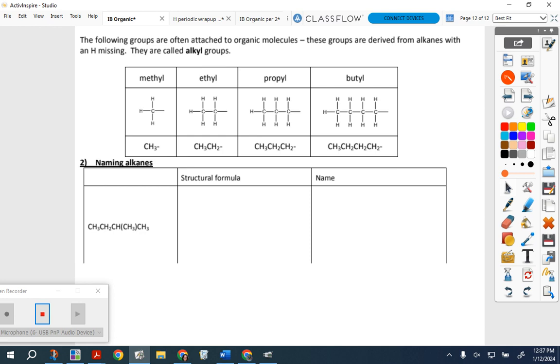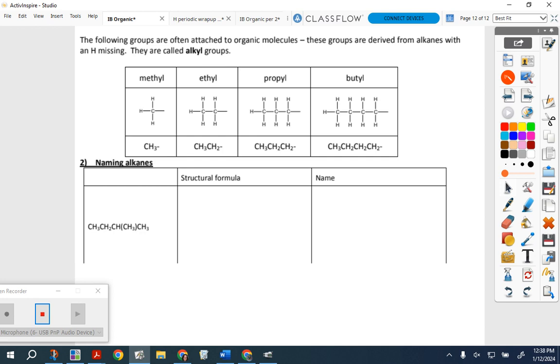The same prefixes that we use for the length of the chain, methane, ethane, propane, butane, can also apply to a group of carbons that we can attach somewhere else on the chain.